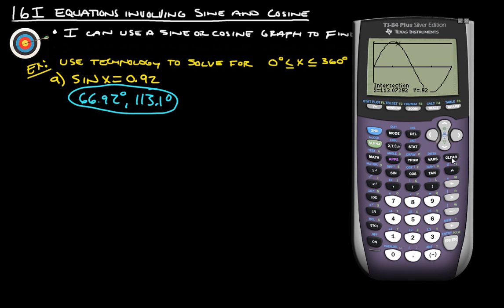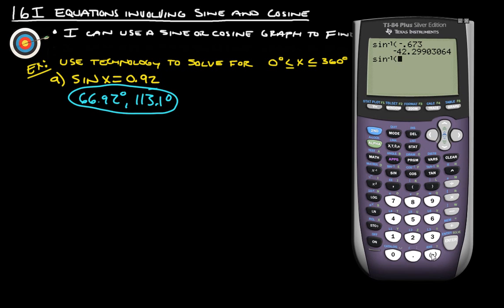Okay. Now there is a different way to do this, and you can do it without the graph on the graphing calculator. We want to know where sine of x equals 0.92, so whenever you're looking for an angle, you do second sine, so it gives you that little sine to the negative first.